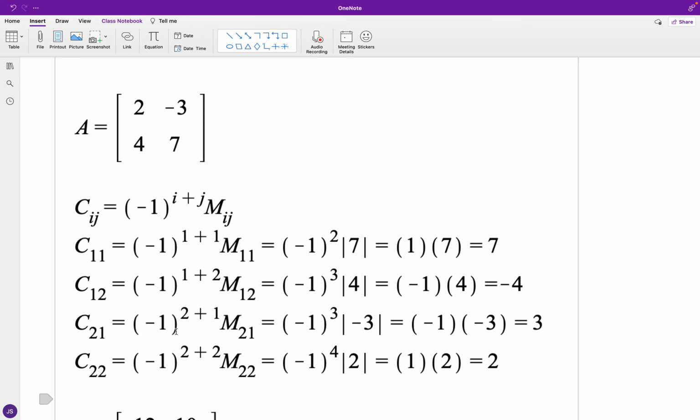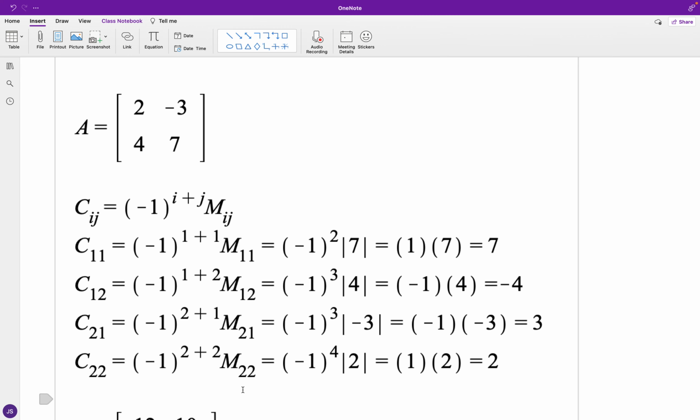And for the sum of the i and the j positions, we have 2 plus 1 is 3, negative 1 cubed is negative 1, and negative 1 times the minor value of negative 3 comes out to positive 3. And for the second row, second column, negative 1 is going to be to the 2 plus 2, in this case, negative 1 to the fourth.